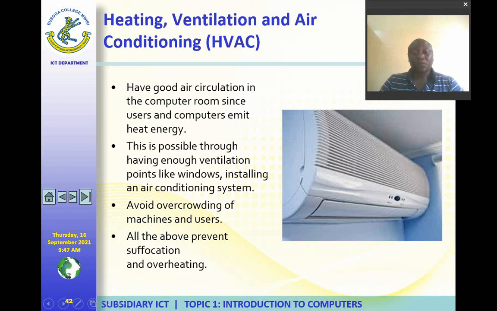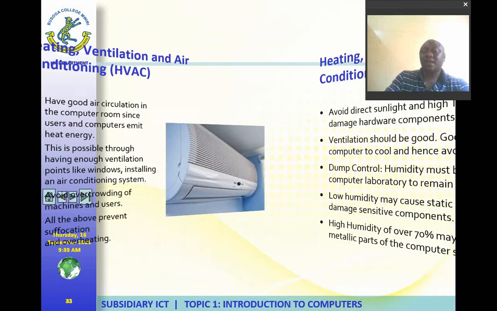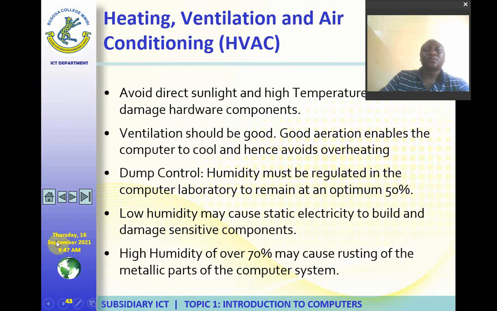All the above prevents suffocation and overheating, which is also one way of managing safety in the computer lab. Avoid direct sunlight and high temperature, as these damage the hardware components. Ventilation should be very good. Good aeration enables computers to cool, hence avoids overheating.